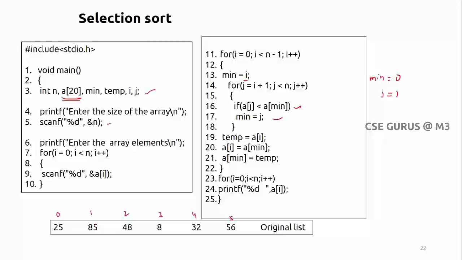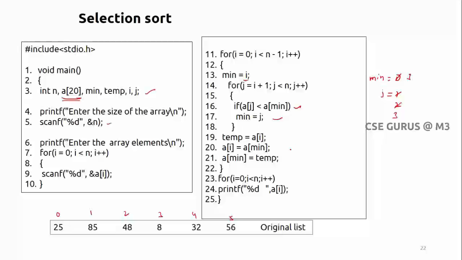Is 85 less than a of minimum, 25? No. Next j value 2: 48 is less than 25? No. Next j value 3: 8 is less than 25? Now it is true. Now minimum is changing from 0 to 3, right?